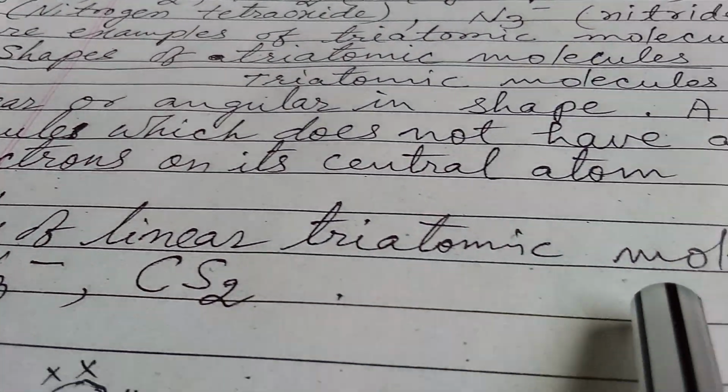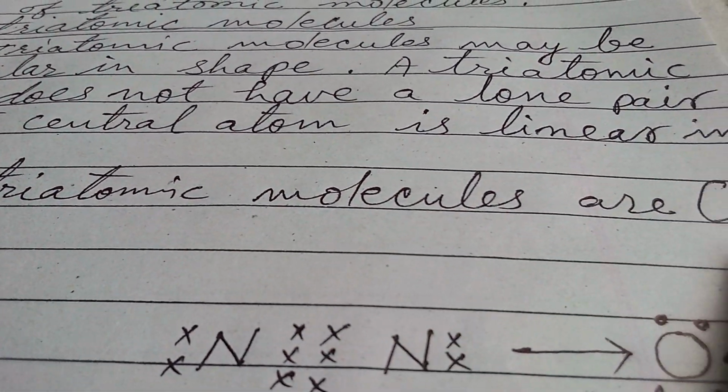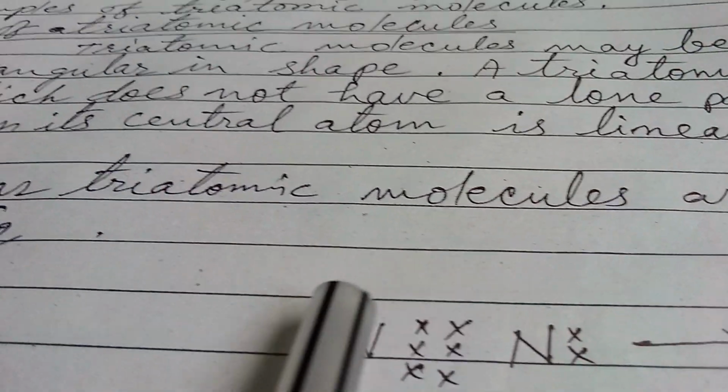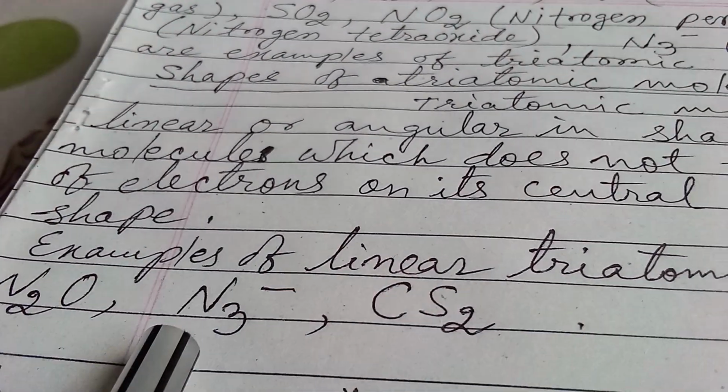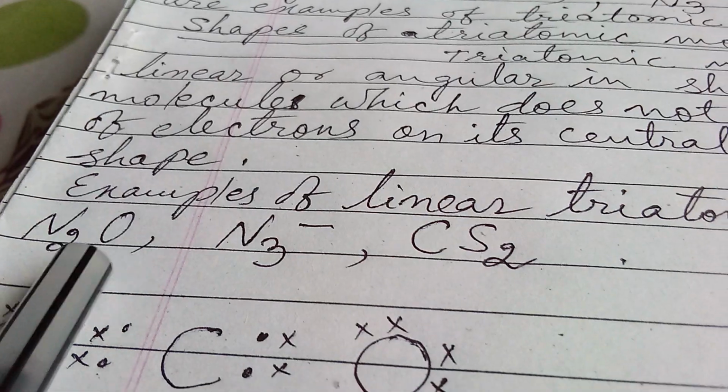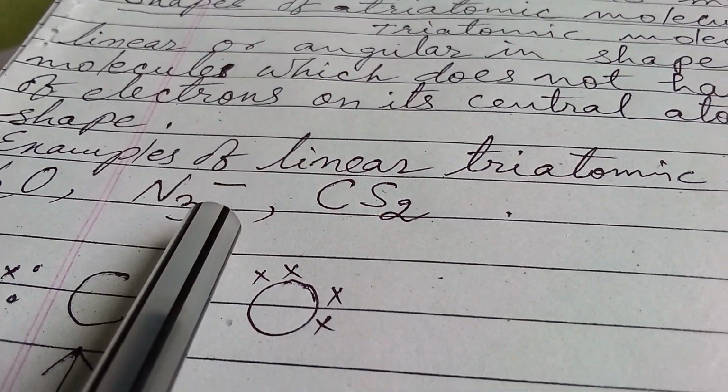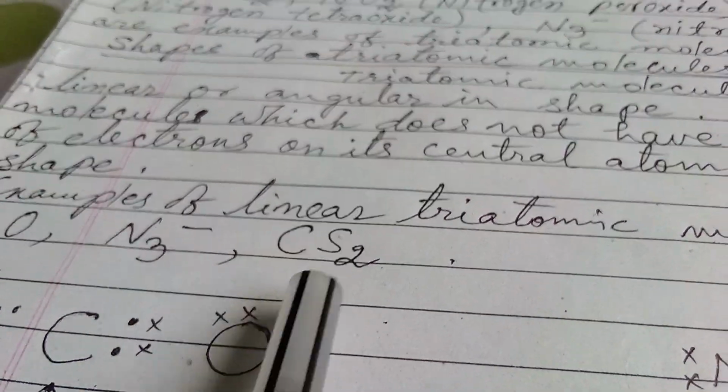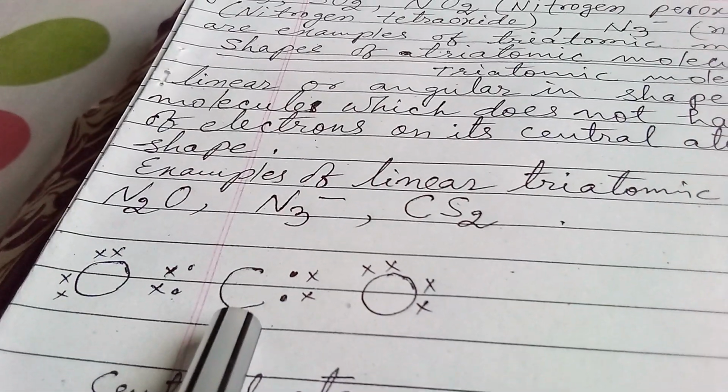Examples of linear triatomic molecules are CO2, N2O, N3 ion, CH2.